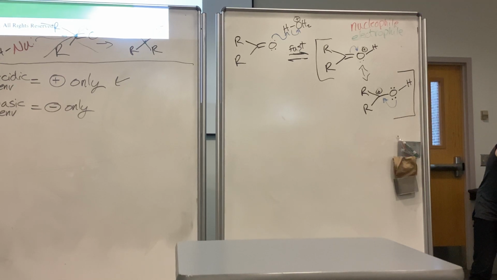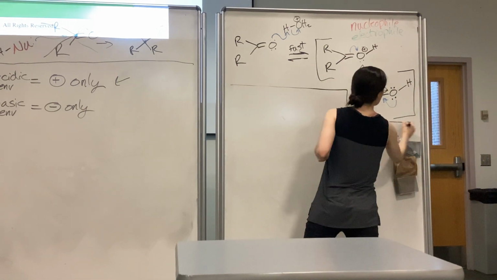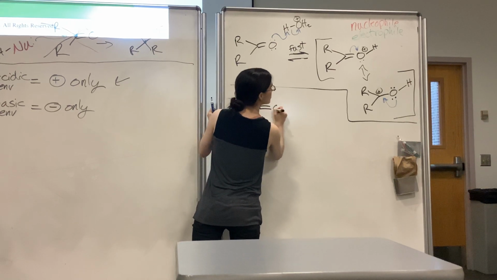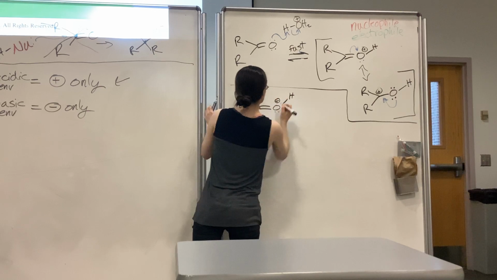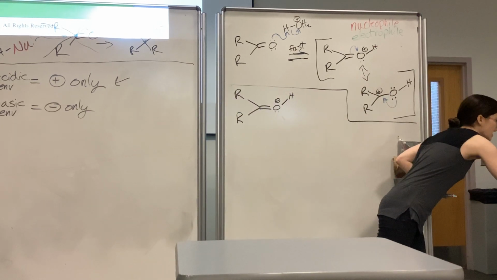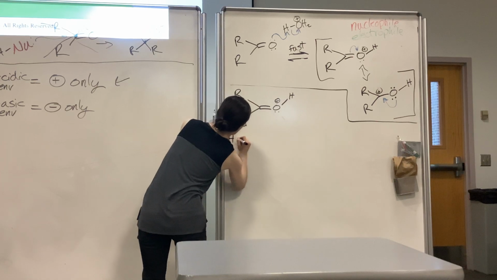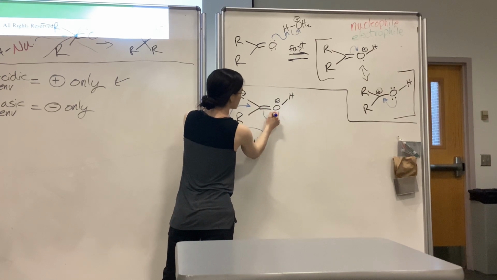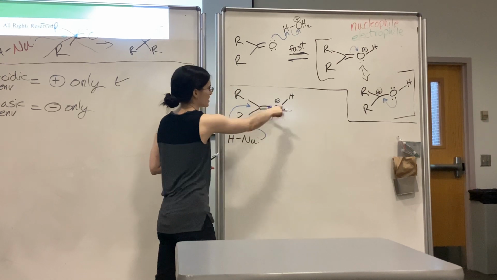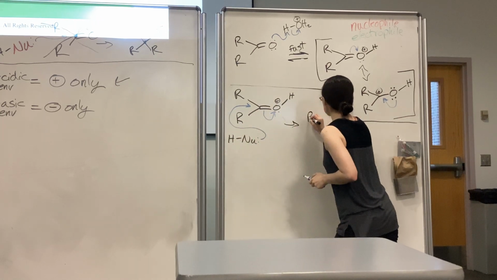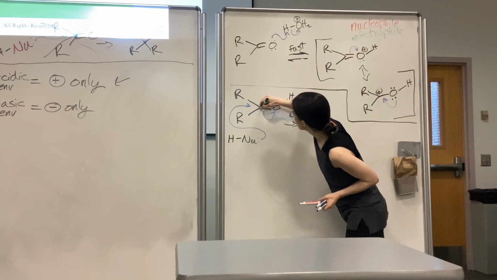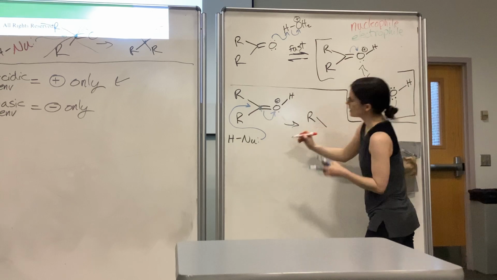So, this resonance stabilized cation, we're going to just redraw this guy. Okay. We're going to take that, and we're going to do our nucleophilic attack. So now when we do our nucleophilic attack, over there, whatever, we get, oh, and identify our electrophile.